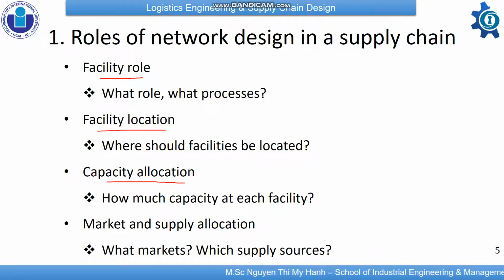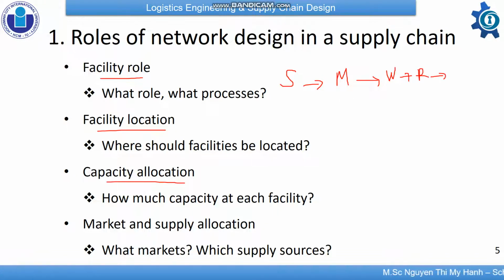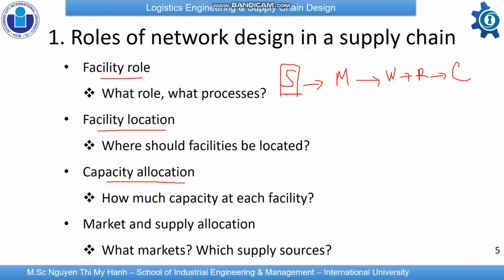What processes are performed at each facility? For example, in our supply chain, we have supplier, manufacturing, maybe wholesaler, retailer, and customers. So we have to determine each facility's role, what they do and what process we do in each facility.